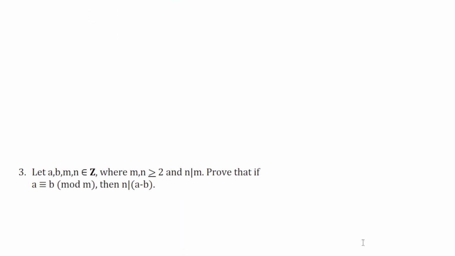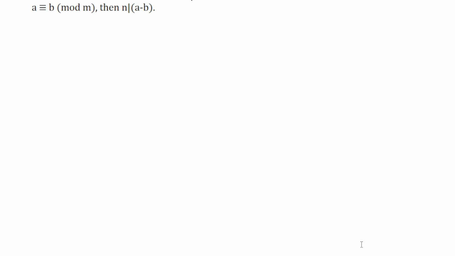All right, let's move on to problem 3. So we have let a, b, m, and n be integers where m and n are greater than or equal to 2, and n divides m. So we need to prove that if a is congruent to b mod m, then n divides a minus b. All right, so this should be a pretty straightforward direct proof. So let's define our variables.